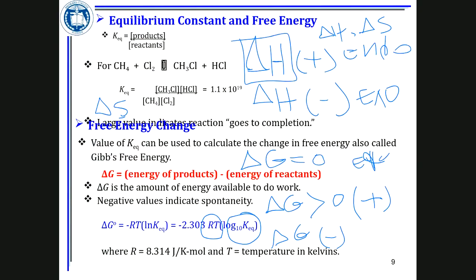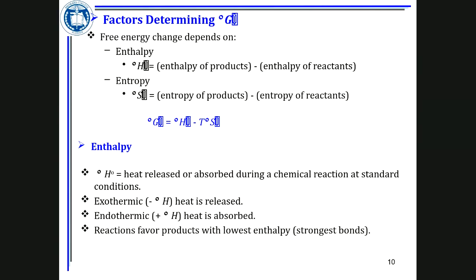Values for delta G show the reaction being spontaneous or non-spontaneous, and to calculate delta G using delta H, delta G equals delta H minus T delta S. So we want a negative value for delta G, that means a spontaneous reaction, and a negative value for delta H, that means an exothermic reaction.